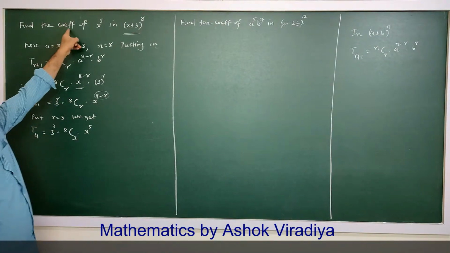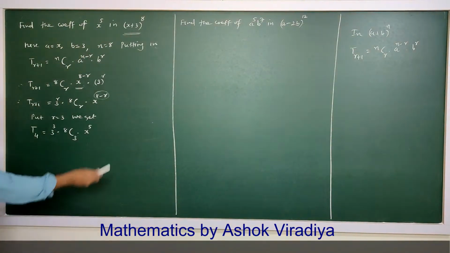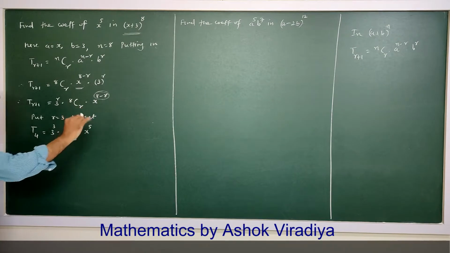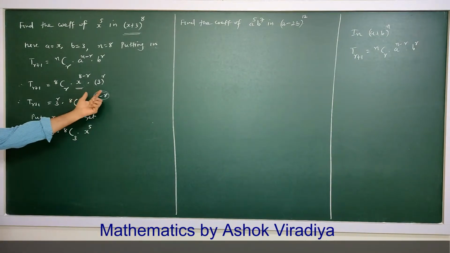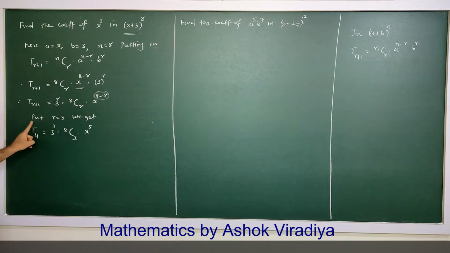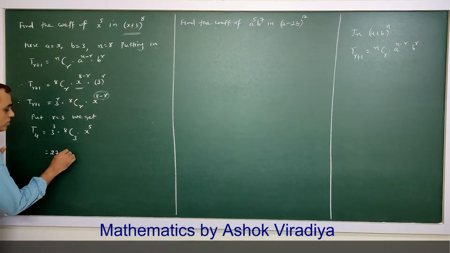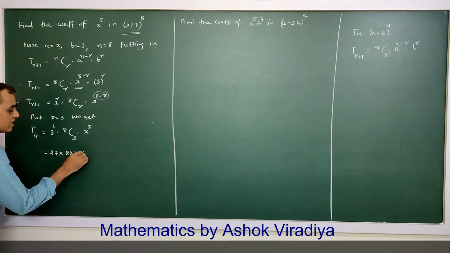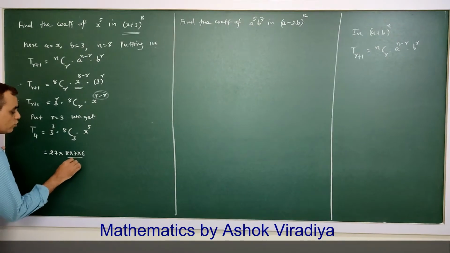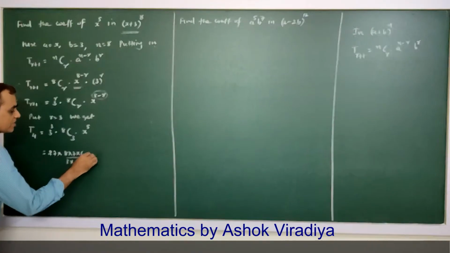Because we want the coefficient of x raised to 5, the idea can be obtained from this index: to have 5 here, we have to put r equal to 3. So this is equal to 27 into 8C3, 8 into 7 into 6 upon 3 into 2 into 1, x raised to 5.